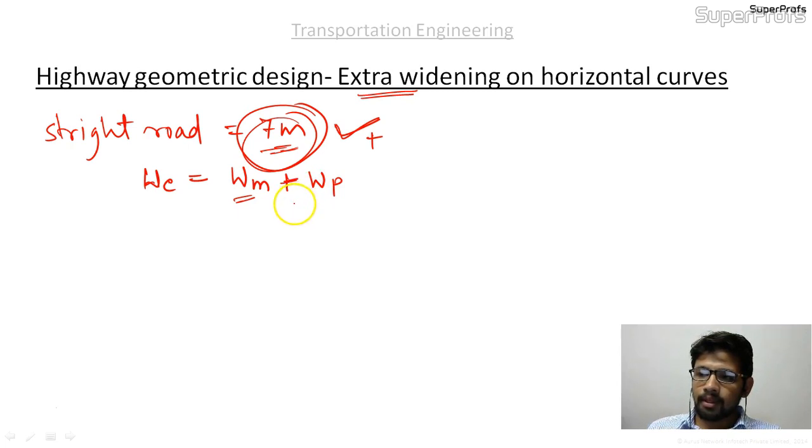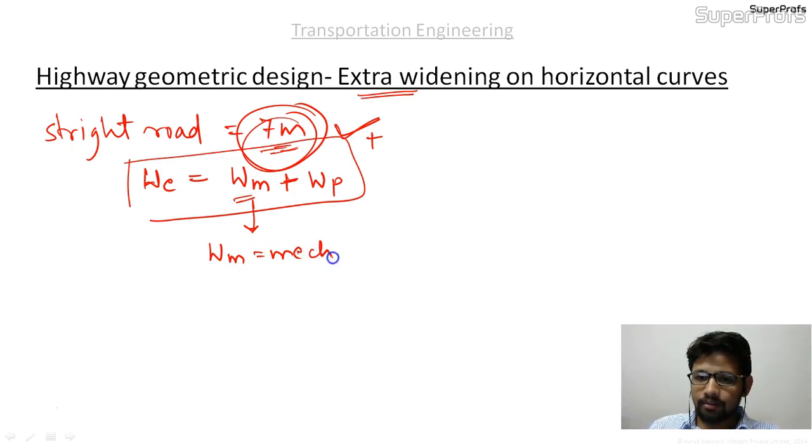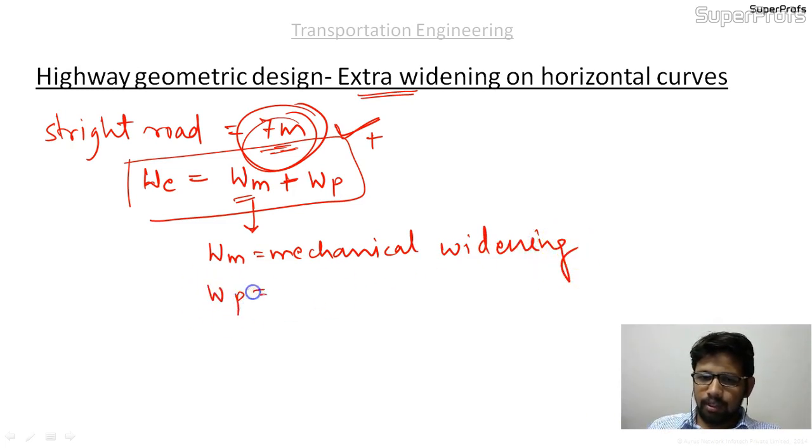So the extra width provided is Wm plus Wp, where Wm is mechanical widening, which I'll discuss, and Wp is psychological widening.